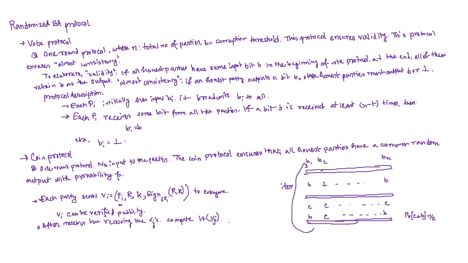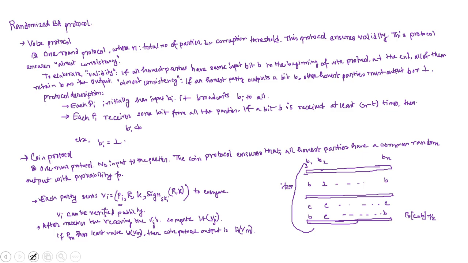For them, all the hash values are computed, and the minimum hash value is taken. So if party Pm has the least value of h of vm, then the protocol output is h of vm.